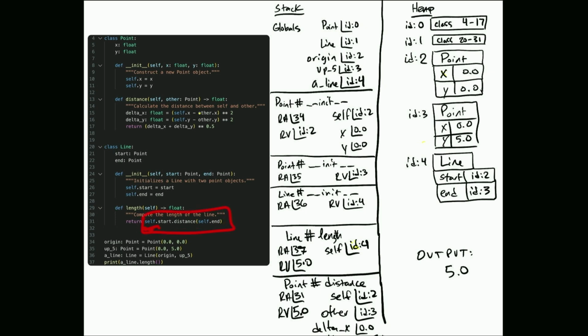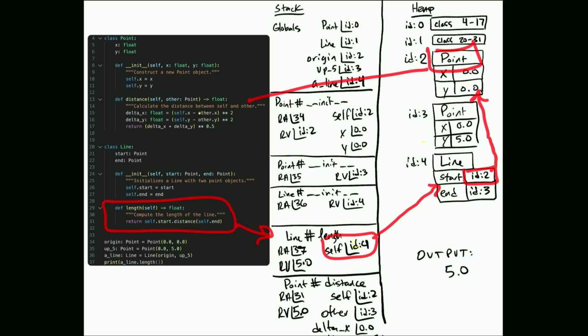And then when we looked at a more complex method call, we broke down and followed these references, right? So we started from self, ID2.start. Oops, I was on the wrong frame here. So my bad. Self was ID4, and this called aline.length, right? So this is the frame that we were processing here. Self was ID4. ID4.start is ID2. ID2.distance, well, we look at ID2, it's the point class.